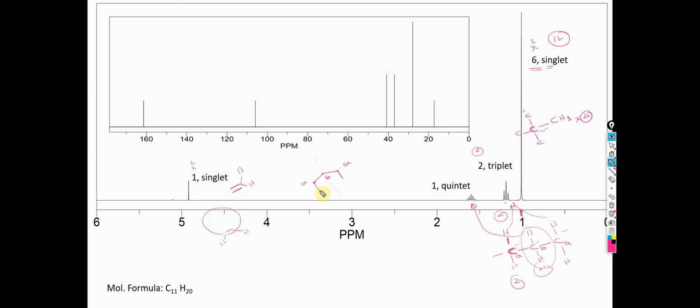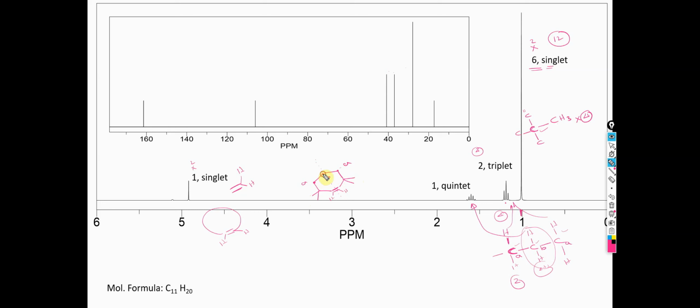Now we can look at how to get the CH3s here. The only way to get 4 CH3s is if we have something like that. Because we are trying to keep this molecule symmetric, if you put CH2s on one side, then you have to put CH2s on the other side as well, and now we have to accommodate a double bond. So maybe one way to do that is to put an alkene like that.